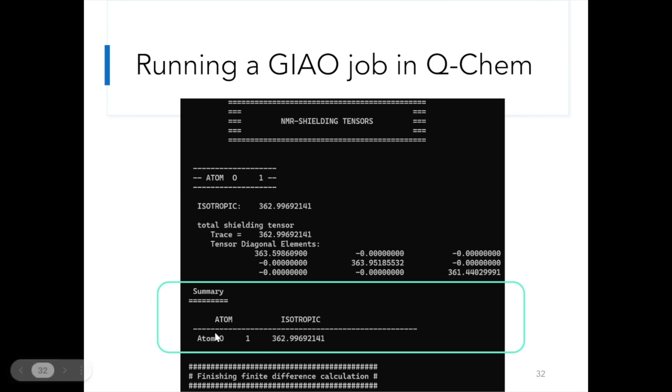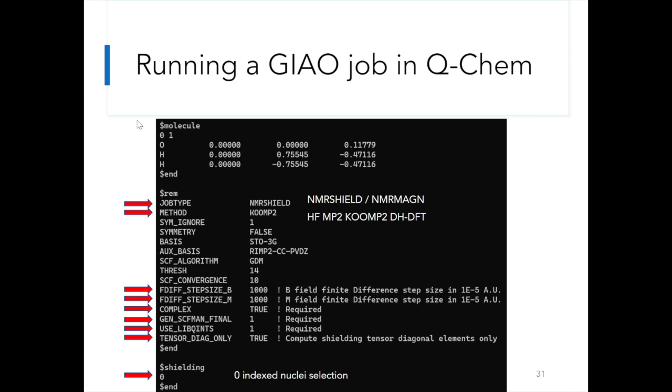If you do more than one atom, here you have the isotropic number and also the anisotropic number if you're doing the full tensor for each atom you selected. Also, a side note: if you're interested in every atom, you can just leave out the shielding input section.